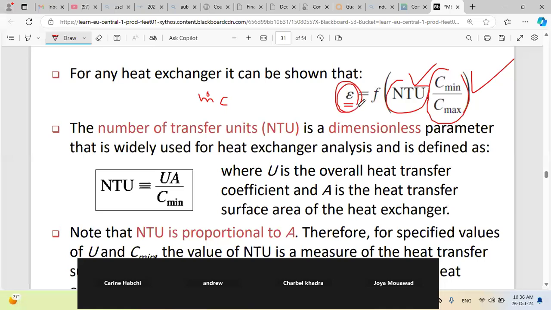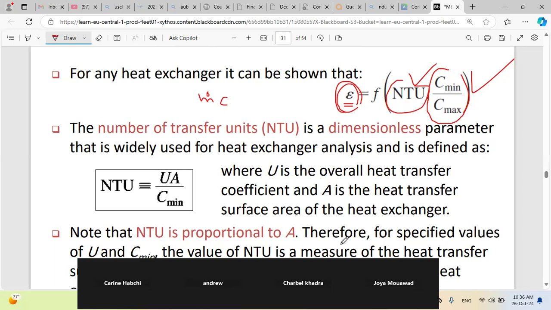Now, what is the NTU? NTU is the number of transfer units. It's a dimensionless parameter that is widely used for heat exchanger analysis and is defined as follows. NTU is the U value, which is the overall heat transfer coefficient of the heat exchanger, times A, which is the heat transfer surface area of the heat exchanger, over C minimum.